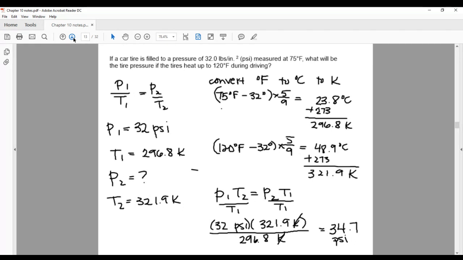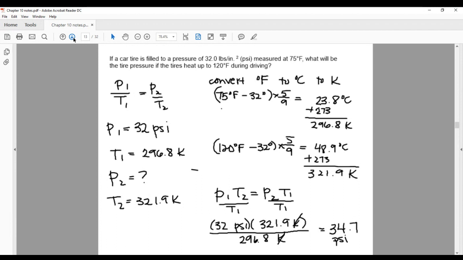So I multiply and I end up with 34.7 psi. And we look at this and say, well, does this make sense? Well, yes, it makes sense, because I know if temperature increases, pressure should also increase, and my pressure did. It went from 32 to 34.7 psi.